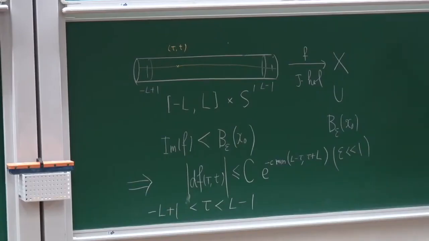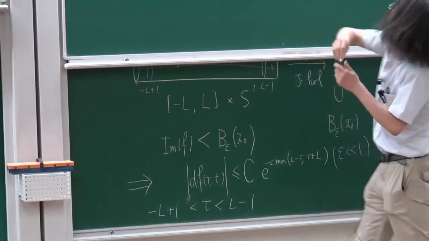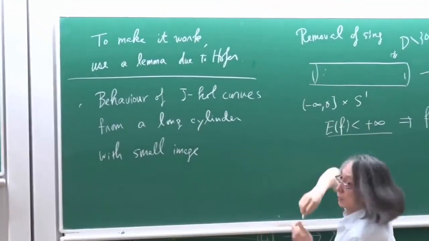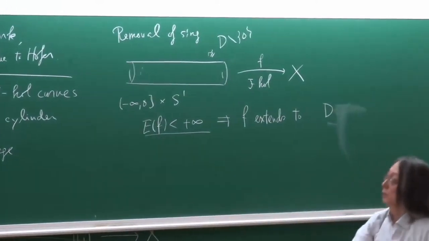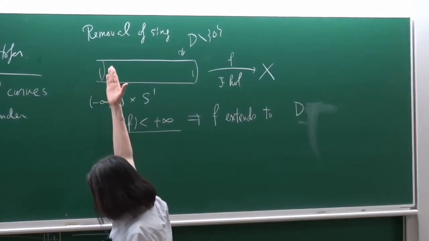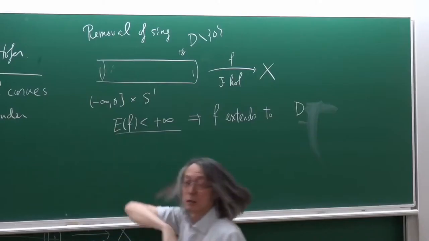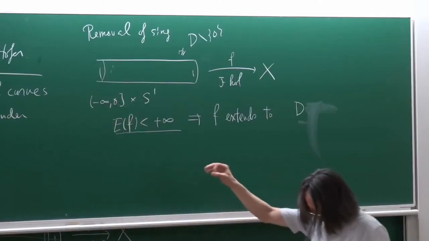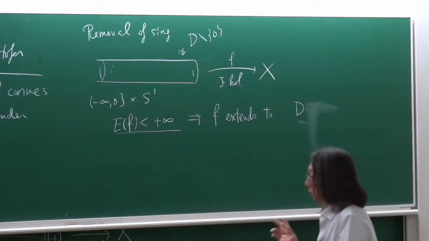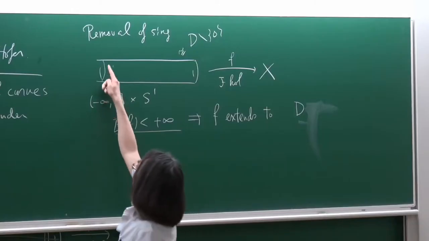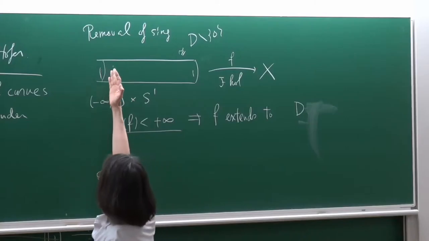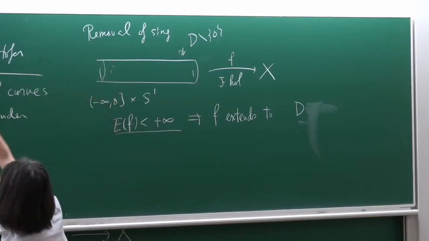Last time we had an estimate for this. If this one is sufficiently far away, then this one is already close to some point. And then I used a certain isoperimetric inequality to bound the loop by a certain disk with area bounded by a constant times the square of the length of the loop. You can do it for any tau, if tau is small.